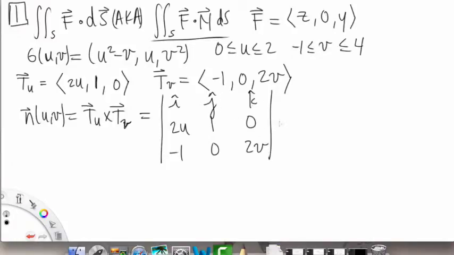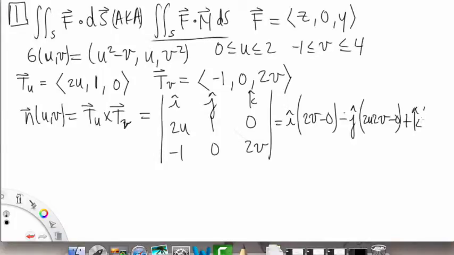So what we're going to get is an i times 2v minus 0, right? This first x here, minus a j hat times 2u times 2v minus 0. And then finally, plus a k hat, where we have 0 minus negative 1, so that's a plus 1.